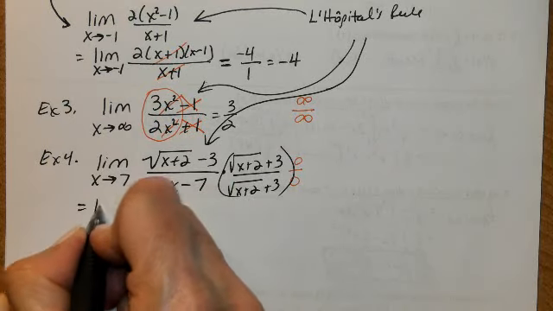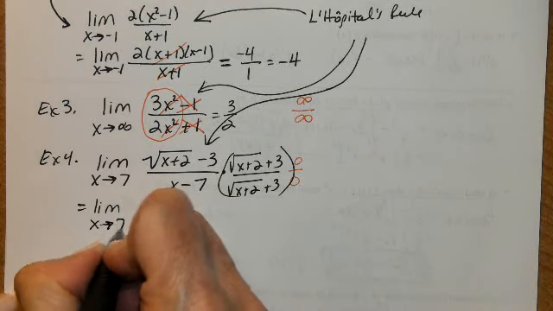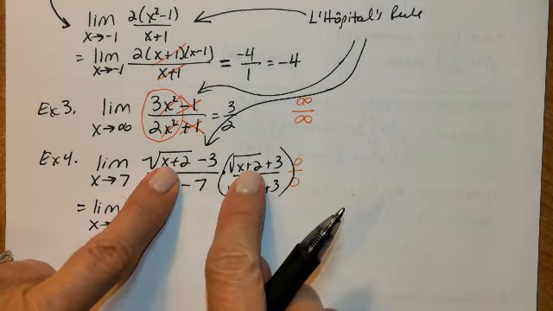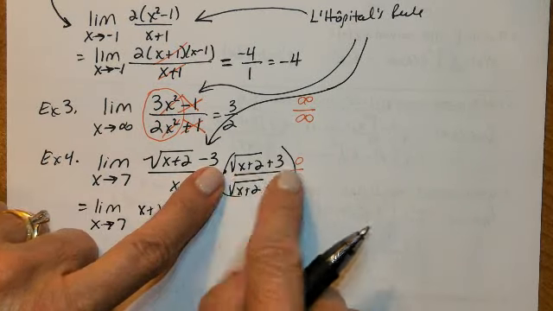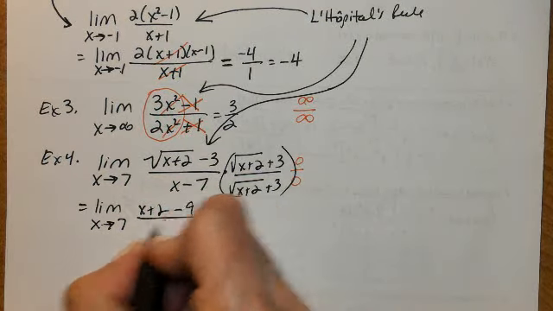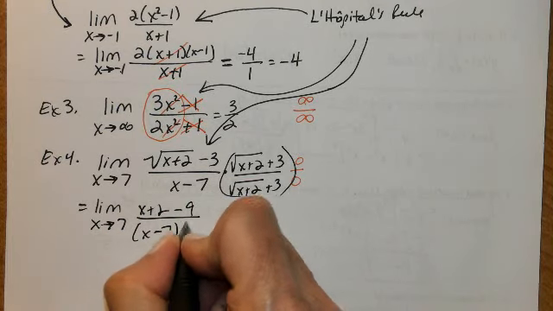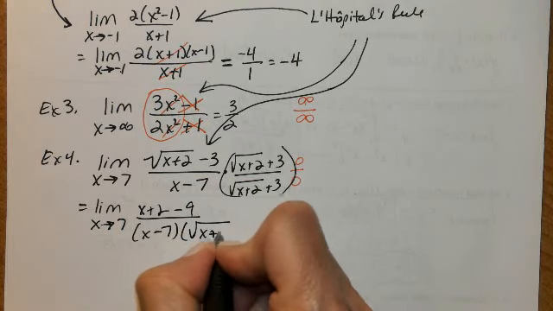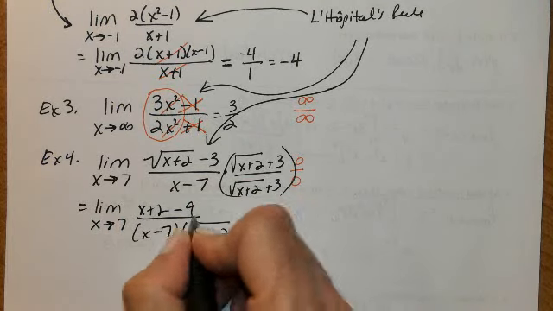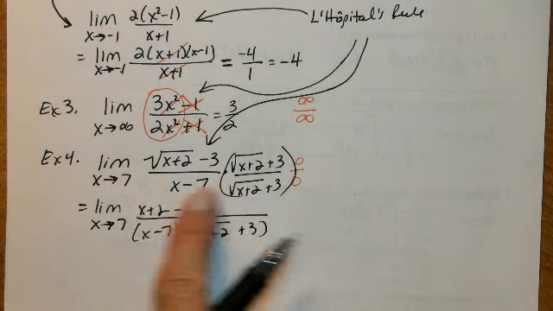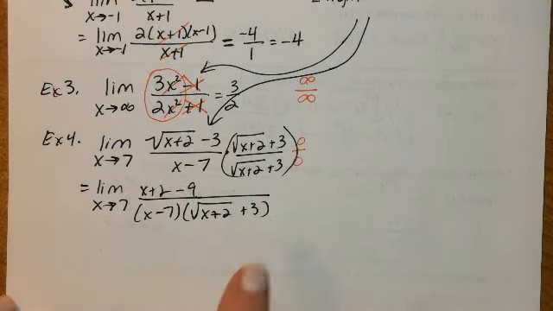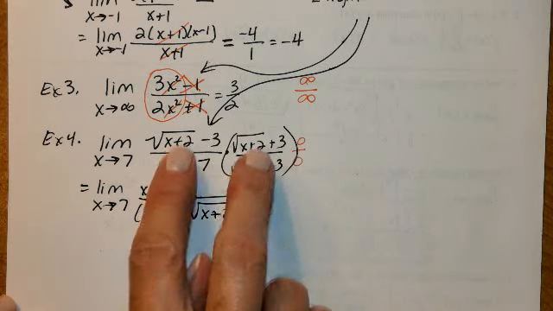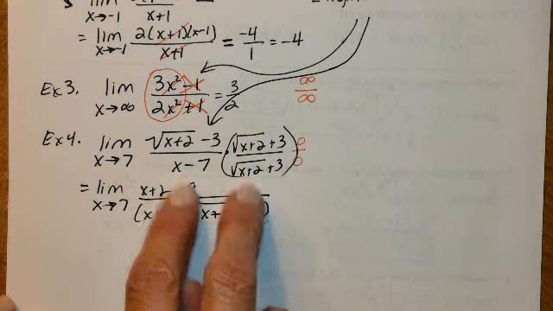And then we would get limit as x goes to 7 of x plus 2, the middle term zeroes out, minus 9 over x minus 7 times square root x plus 2 plus 3. And back in Unit 1 I said don't multiply through on this piece. Only multiply through your conjugates. Your conjugates, yes, multiply through. Your other one, just leave it separate.